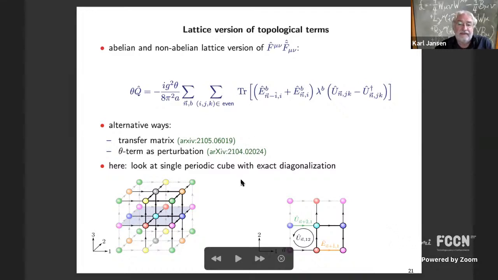What we then did is we looked at the single periodic cube. Due to periodic boundary conditions, we have links that we have to consider here. So these two balls are repeated here. So we looked at a single cube, and we added this topological term.